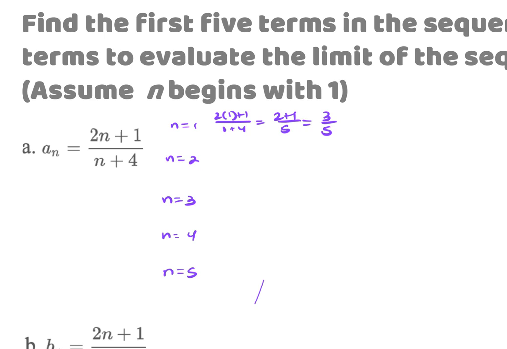Then repeat it where n is 2. 2 times 2 plus 1 over 2 plus 4: 5/6. Plug in 3. 2 times 3 plus 1 over 3 plus 4: 7/7, which is 1.